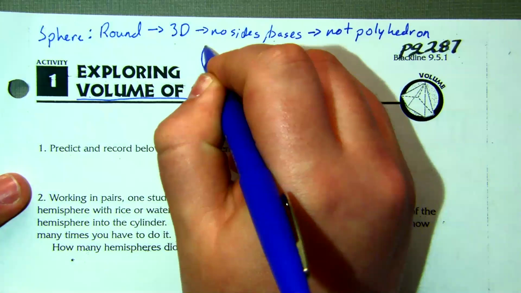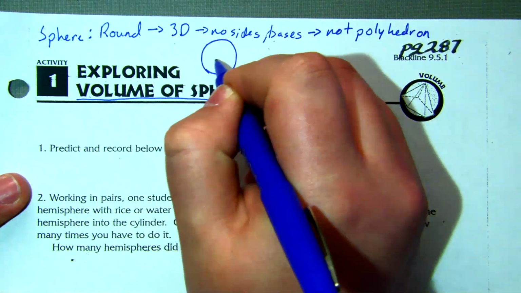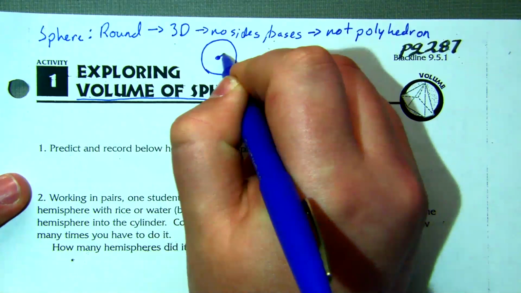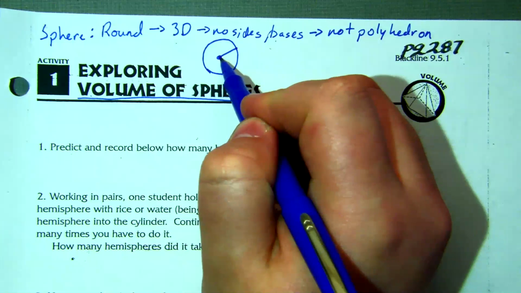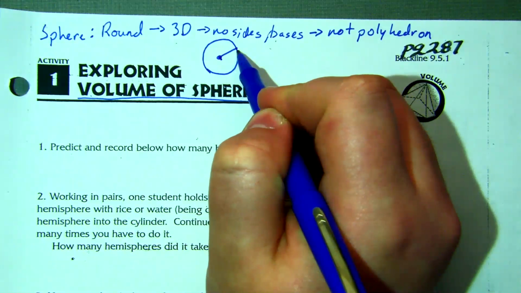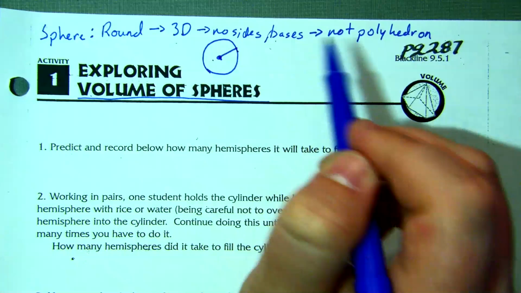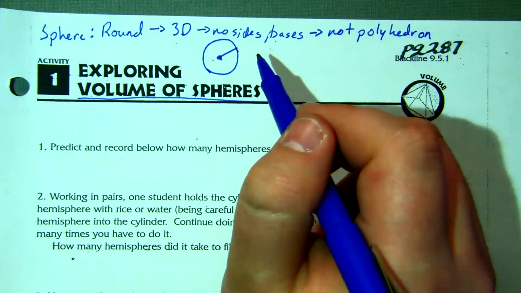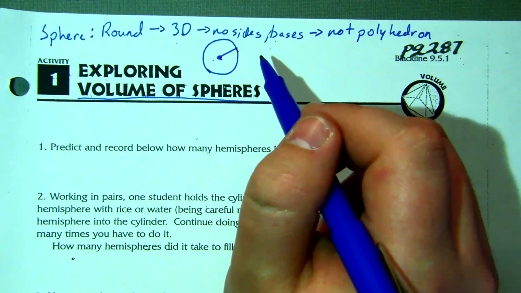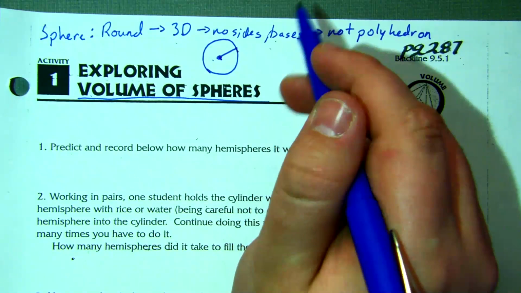So if I have a normal circle, what is the name we have for the distance from the center to the outside of the circle? What do we call that segment there? A radius, exactly.